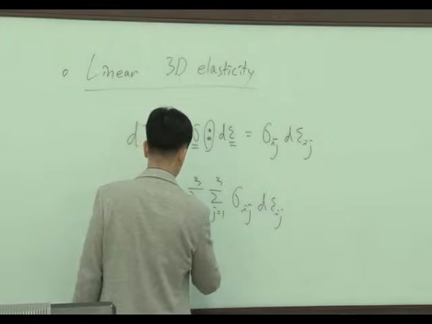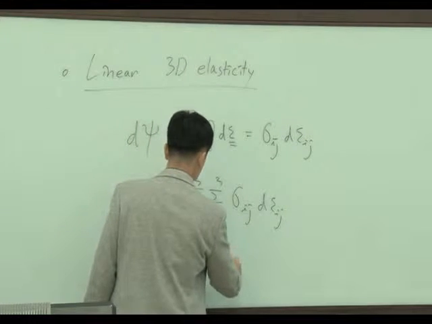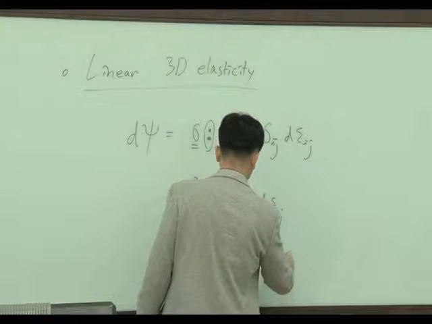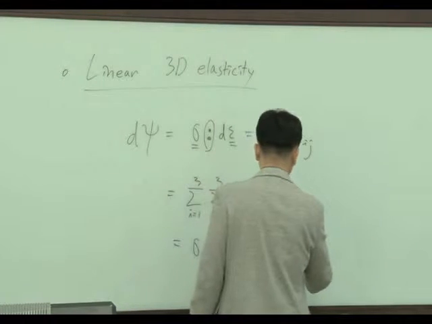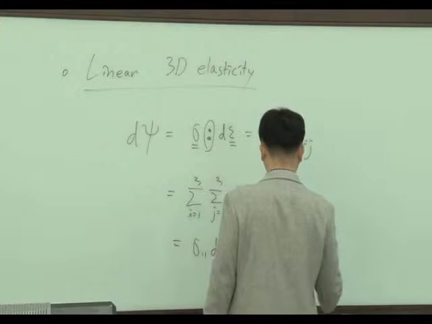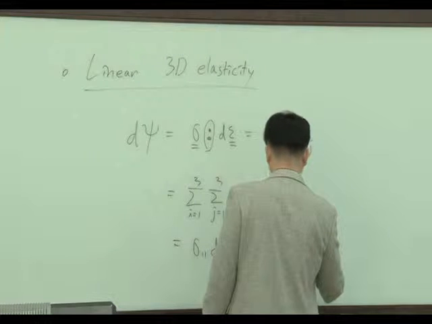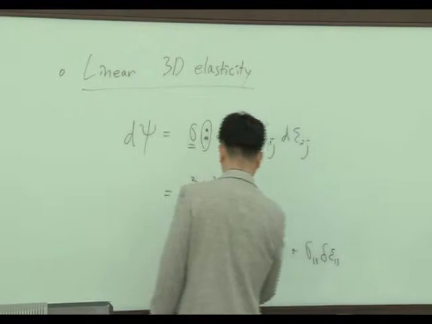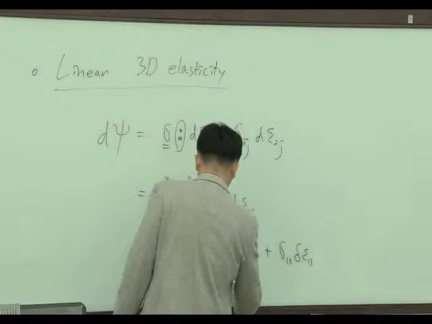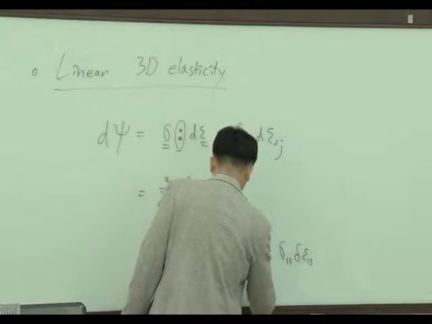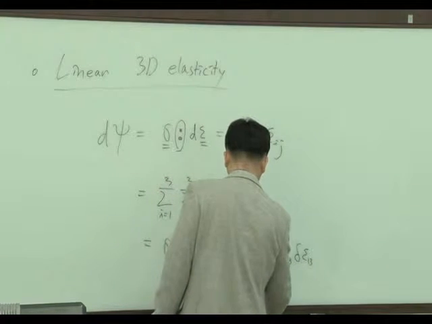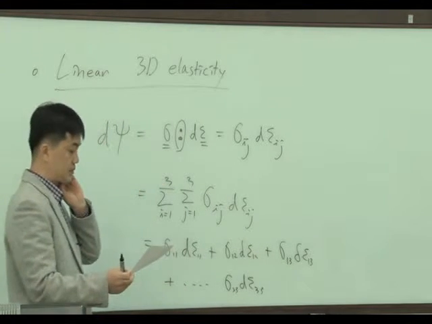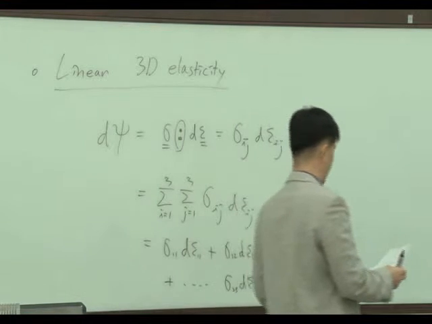Understand? So stress 1,1 strain 1,1 plus 1,2 1,2. We are doing this calculation 9 times, including 1,3 1,3. This is the definition of this operator.